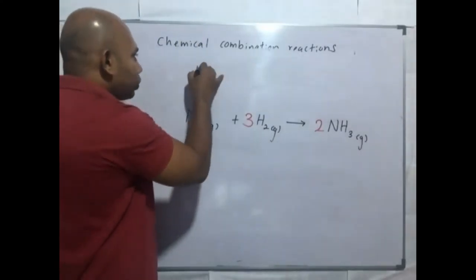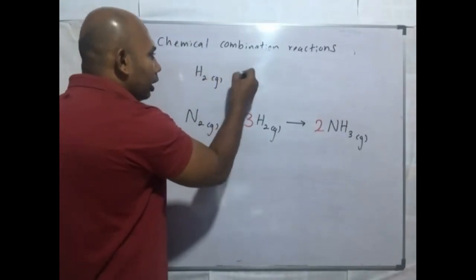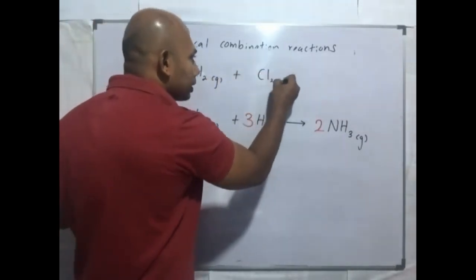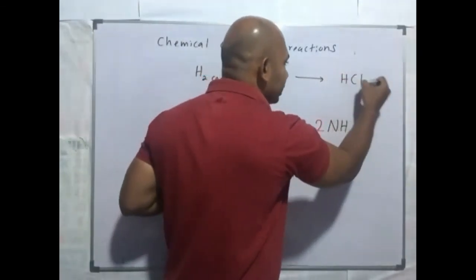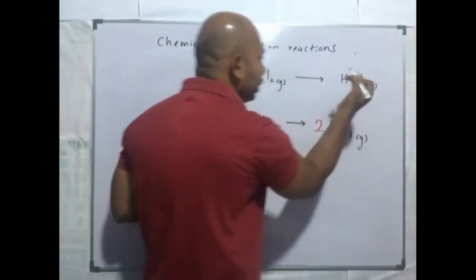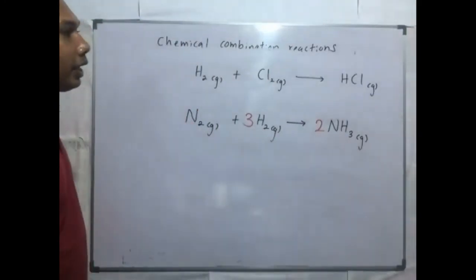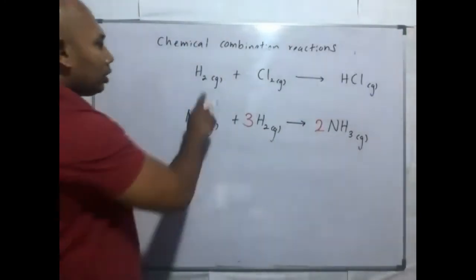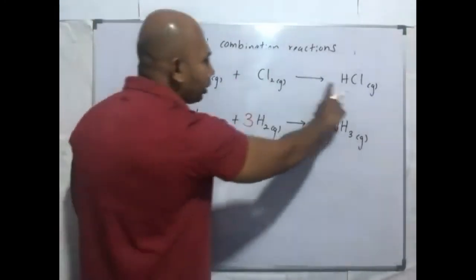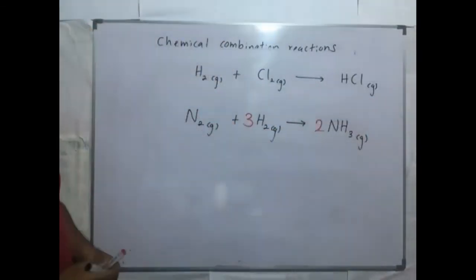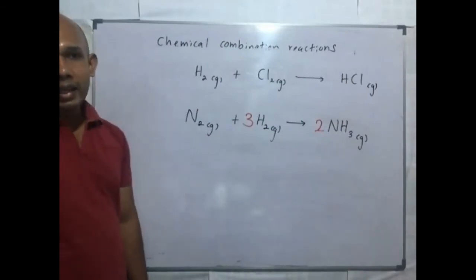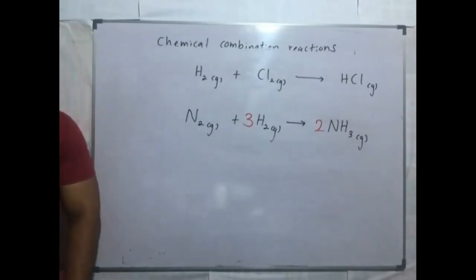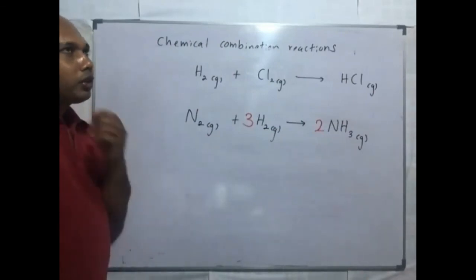Hydrogen gas H2 reacted with chlorine gas, making hydrochloric acid, HCl vapor. 2 hydrogen, 2 chlorine. Try to balance it. Making HCl vapor, hydrogen chloride gas.